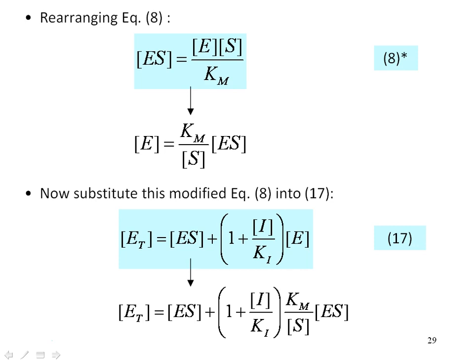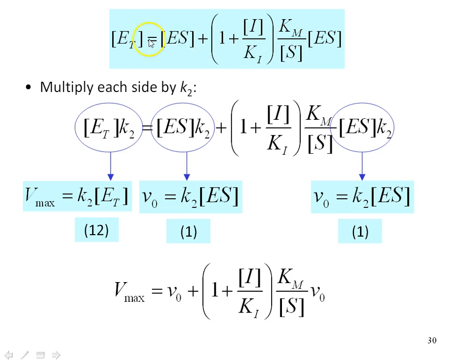Now, if we substitute this modified equation 8 into equation number 17 in the previous slide, that I repeat here in blue, which means we have seen this equation before with that number, so it's just a repeat from last slide, I will just substitute for the free enzyme concentration the form that I obtained from here. So I plug in Km over S times ES instead of E, and this is the result we obtained.